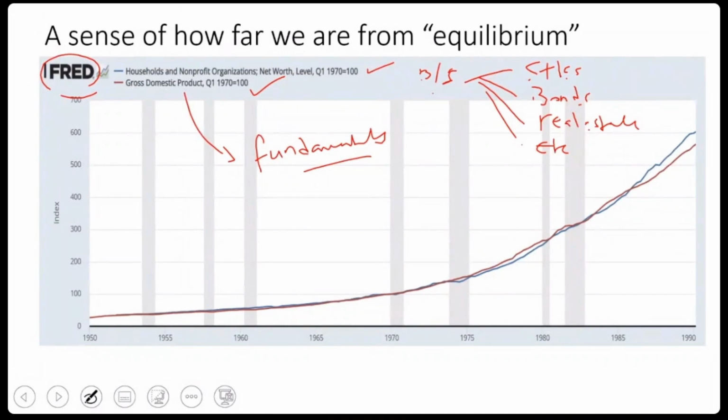I could argue that GDP shows you the fundamentals of the economy, but net worth tells you the asset side of households and organizations, what they're holding. Between 1950 and let's say 1990, you can see that prices of assets more or less moved in line with GDP, with a normalization for a base year of 1970. So things moved along.